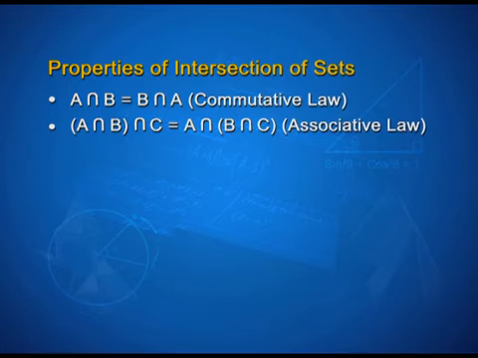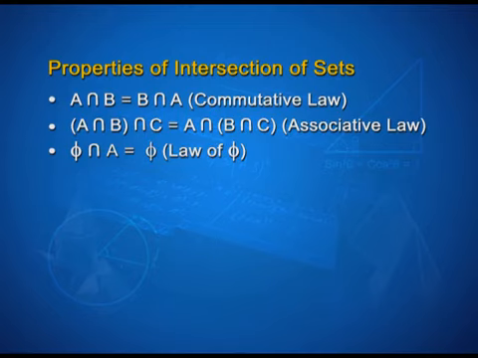These two laws can be easily verified with the help of some examples. The third law is the law of null set, which states that the intersection of any set with a null set will give us a null set, or phi intersection A gives us phi.